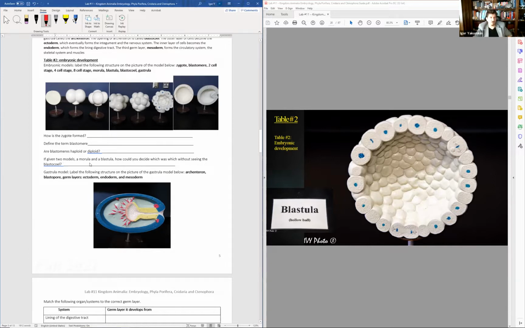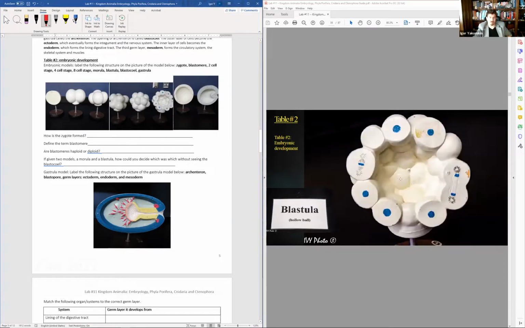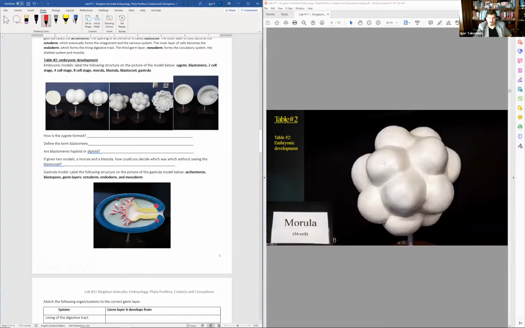If given two models, a morula and a blastula, how could you decide which was which without seeing the blastocoel? The blastocoel is that particular cavity. You count the cells. So literally 1, 2, 3, 4, it says 16 cells.